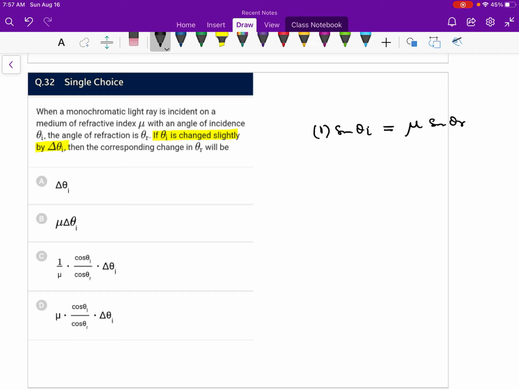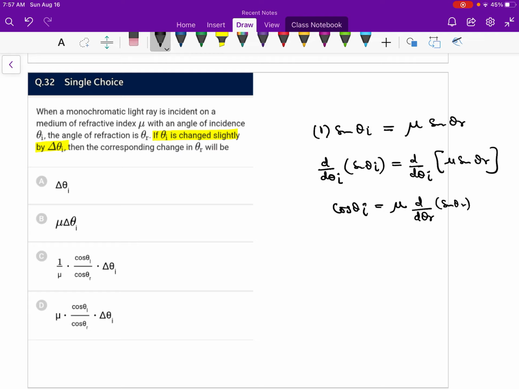Now let's differentiate the above expression with respect to theta I. So d by d theta I of sin theta I is equal to d by d theta I of mu sin theta r. So this is cos theta I, and this is mu, and d by d theta r of sin theta r into d theta r by d theta I from the chain rule.